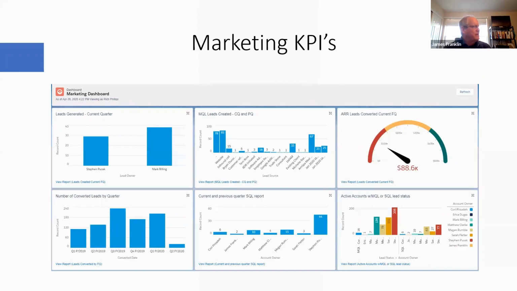The next one in the middle on the top is marketing qualified leads, current quarter and previous quarter. And if you go along the bottom, there's your different channels: website, inbound calling, trusted advisors, employee referrals, different events too, right? So again, you want to see where your leads are coming from.